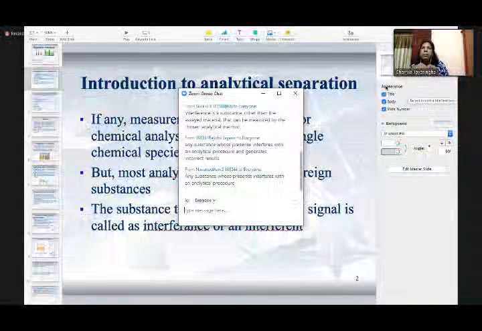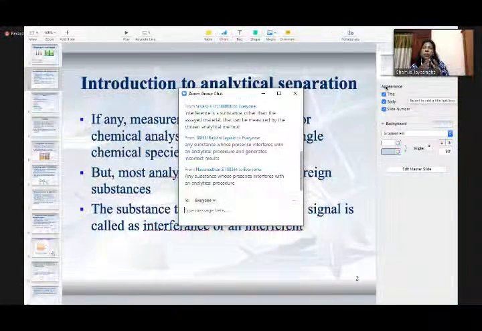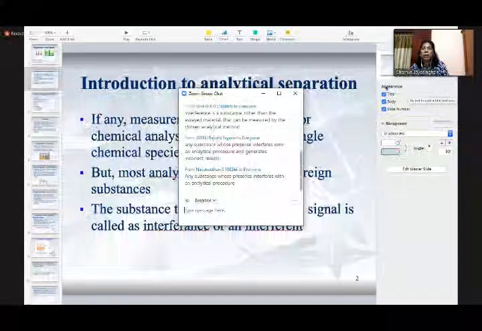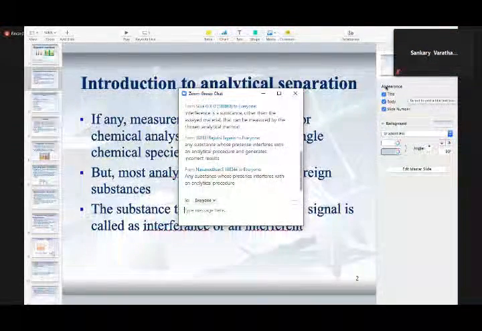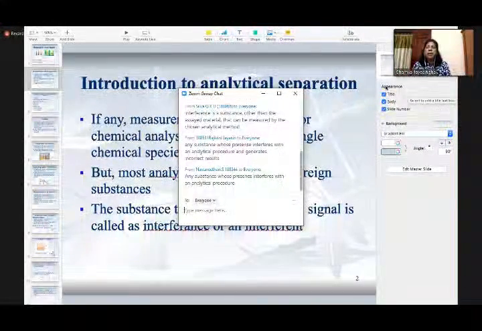Whatever the way, it's disturbing us from taking true, accurate results. The disturbance caused for an analyte signal by foreign substances. Interferent, the substance that causes the disturbance to the analyte signal. Interference and interferent are the same. I think you got the point.